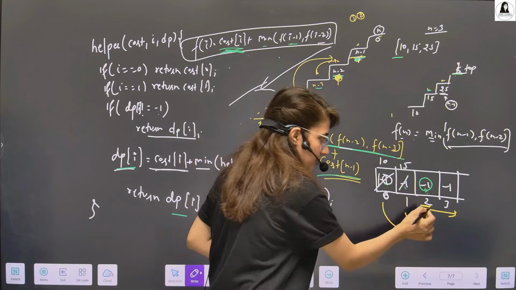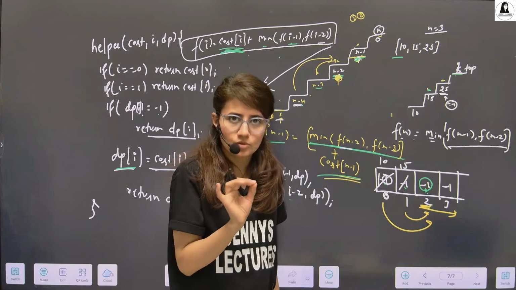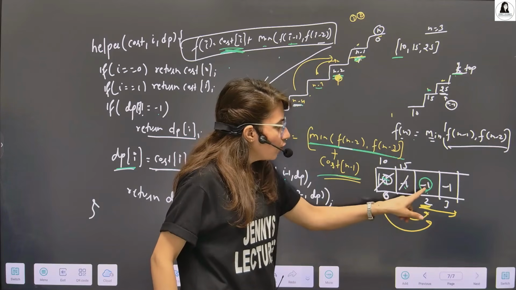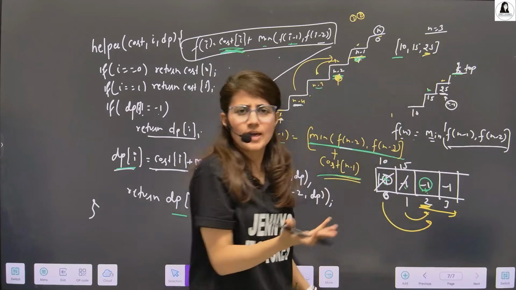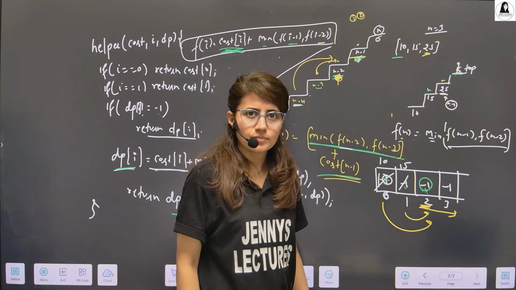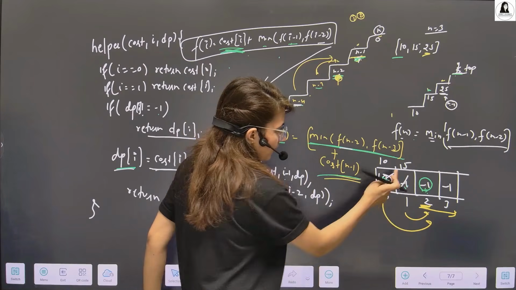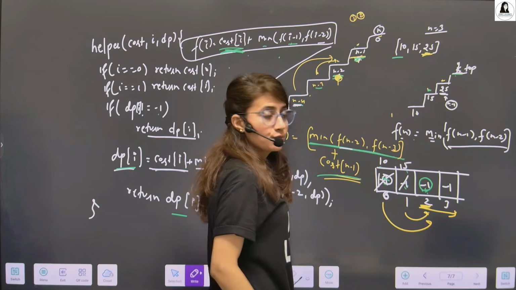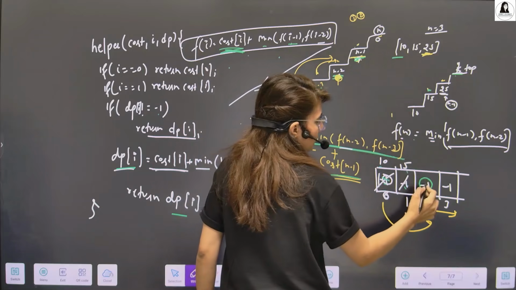Here, at stair 2, the minimum cost. Right. So the minimum of these two plus whatever the cost at 2, that we also add, obviously, because that's not the top. So the minimum is 10 plus 25, so 25 plus 10 is 35.